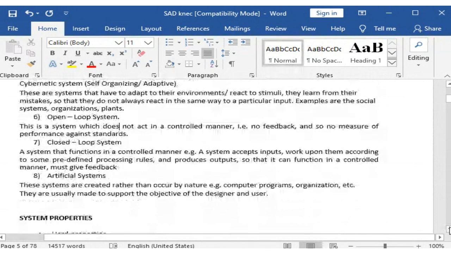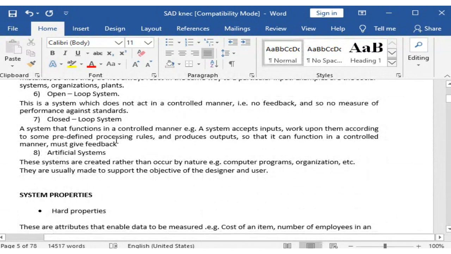Then we have the closed loop system, a system that functions in a controlled manner, e.g. a system accepts input, works upon it according to some predefined processing rules, and produces output so that it can function in a controlled manner. It must give feedback.